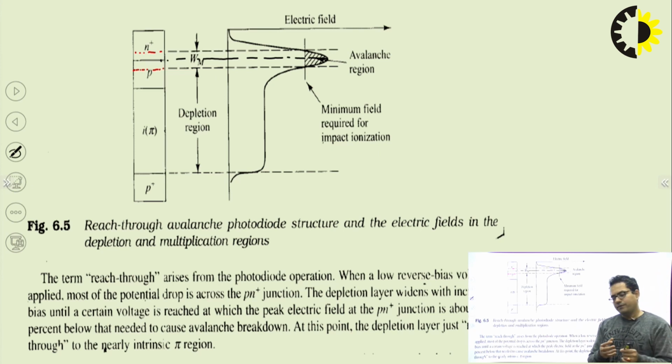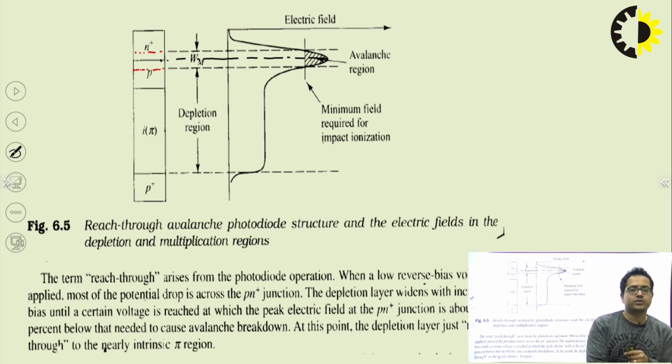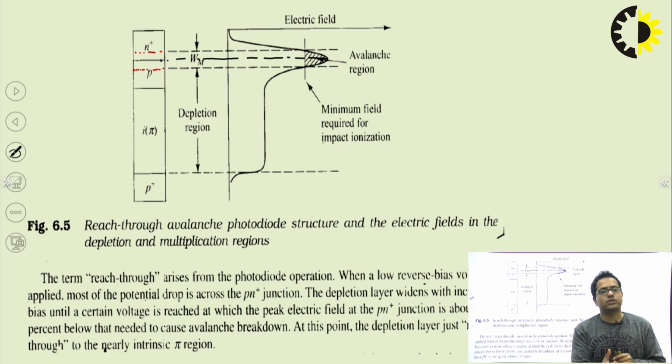Suppose that because of the photon incidence, the number of electrons is 2. These electrons are swept apart with a very high velocity in the presence of the high electric field. Moving with high velocity, they again strike the bonded electrons, break the bonds, and more electrons are created.